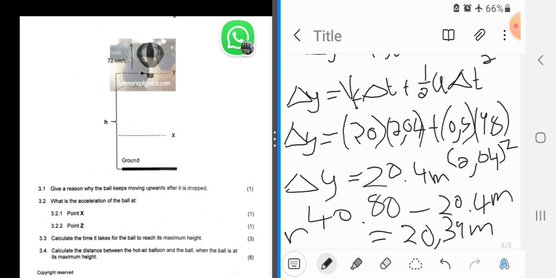So here is the distance. We have to calculate the distance between the hot air balloon and the ball when the ball is at its maximum height, as you can see in that drawing that you have shown the ball there. So this is the calculation.